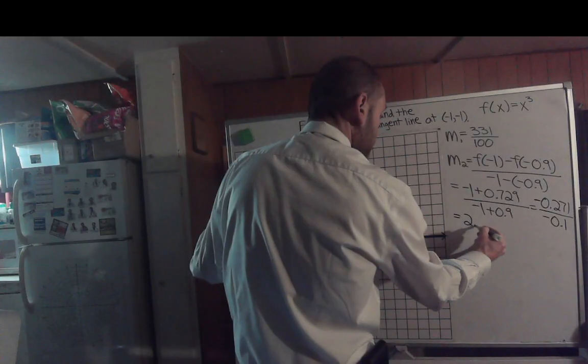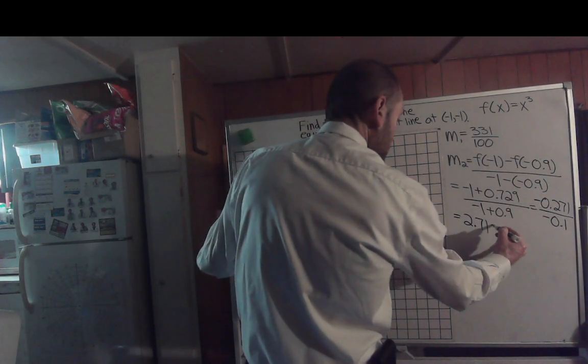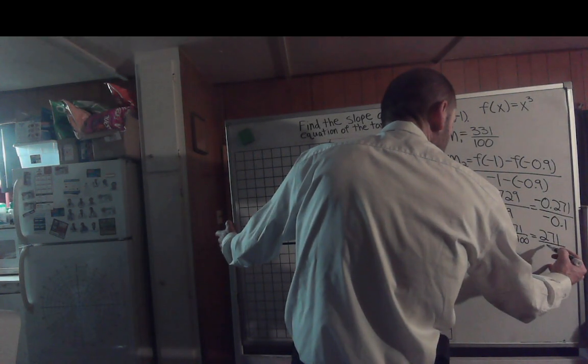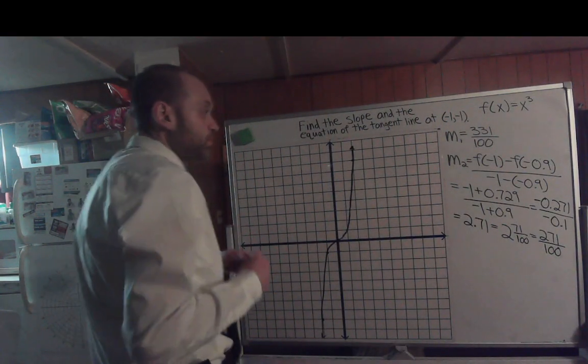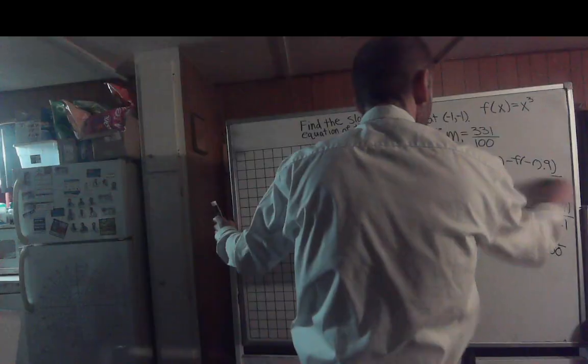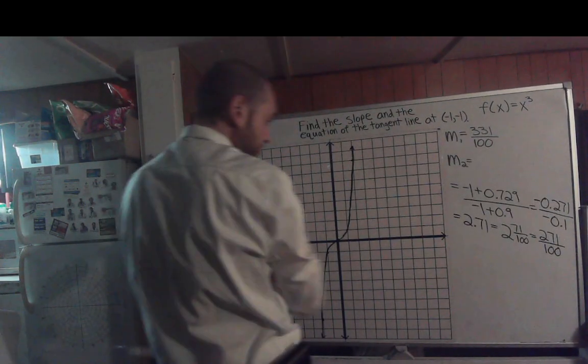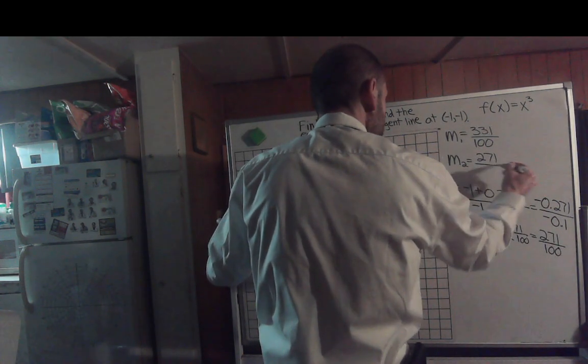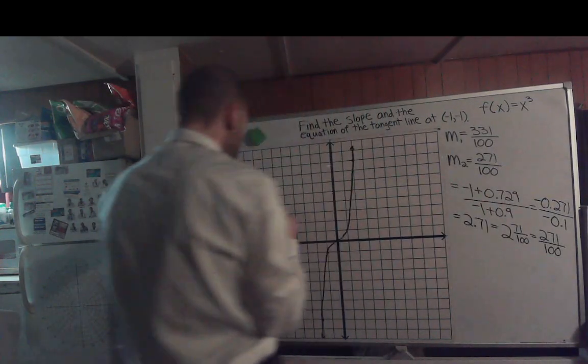This would become 2.71, which is the same as 2 71/100ths, or the exact same thing as 271 divided by 100. Now that we have those two secant lines, the slope of the second secant line is 271 over 100.